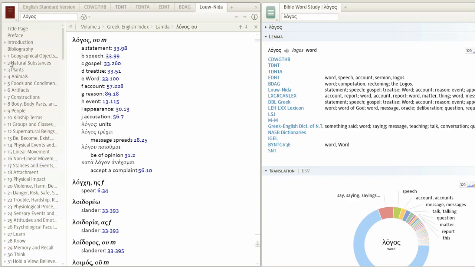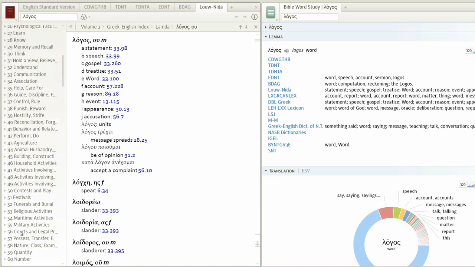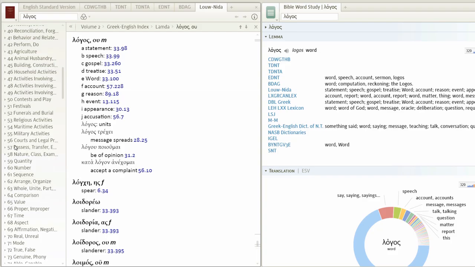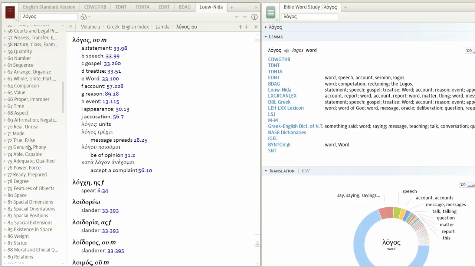Domain numbers 1 through 12 refer to objects or entities. Domains 13 all the way down to 57 refer to events or verbal actions. The other domains, 58 through 90, refer to abstractions. These are words that aren't objects or entities and aren't verbal actions.